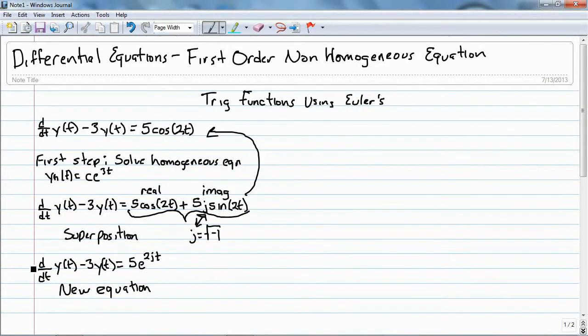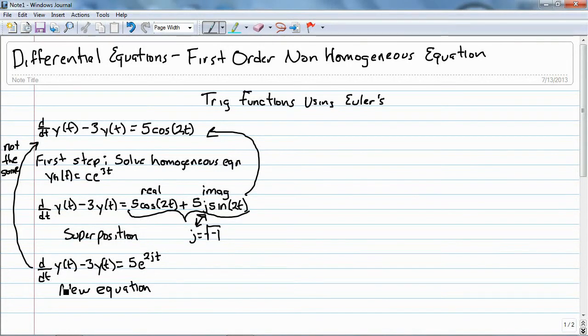This isn't the original problem. This is a new equation that we're going to solve, and solving this new equation will get us to be able to solve the original equation that we wanted. So this is not the same. I want to stress that. It just happens that the first equation is related to our new equation.